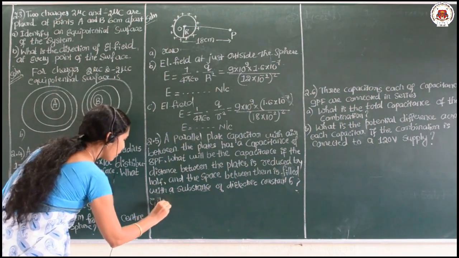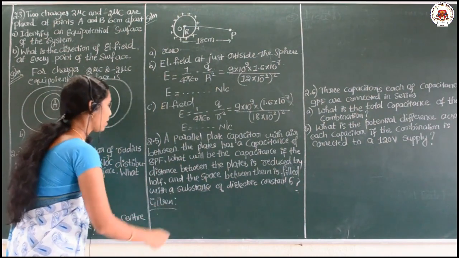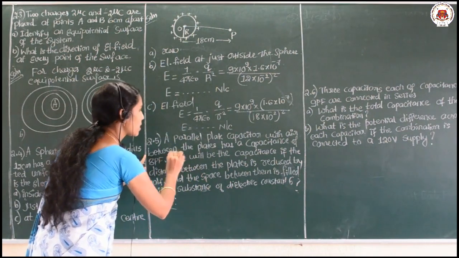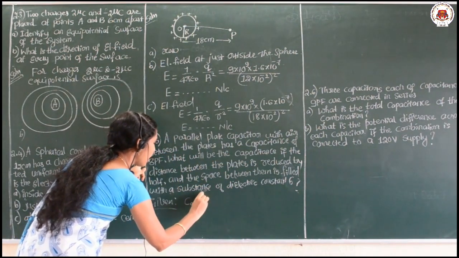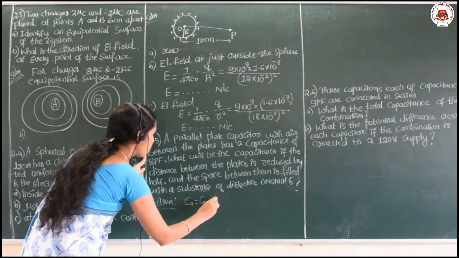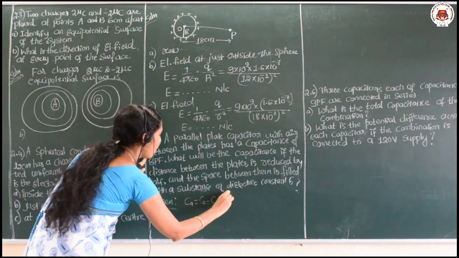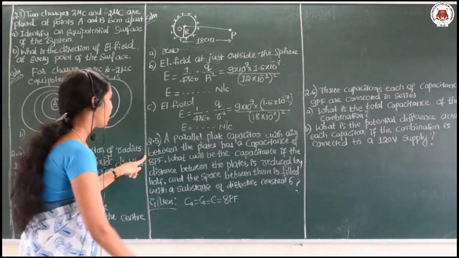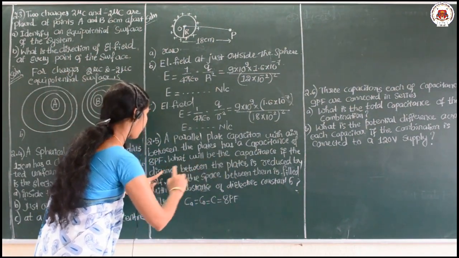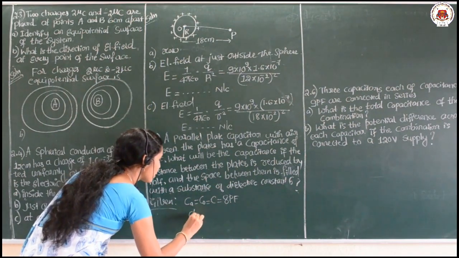Then what are the given values here? Given values are, first they have given when it is filled with air, Ca or C naught is equal to 8 picofarad, they have only given, right. Then we have to find the new capacitance, C dash.